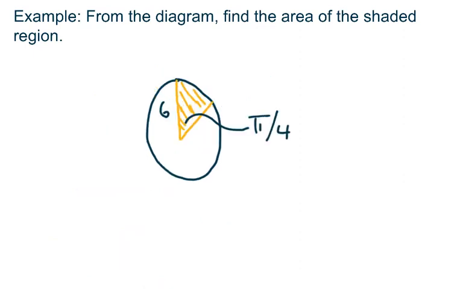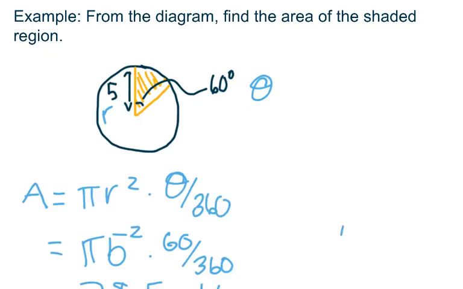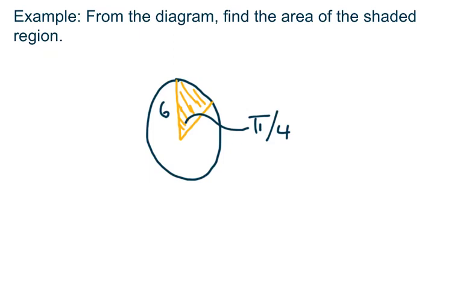Okay, so let's look at another example. If we look at the previous one, we can see that we were using the formula for degrees because we had 360. But this one, we're going to be using the formula for radians because we're given the measure of the angle in radians, pi by 4.